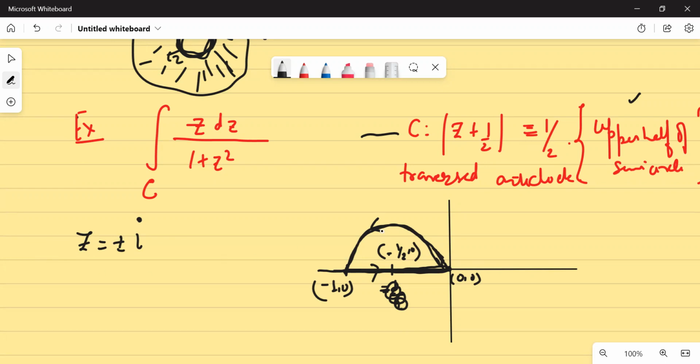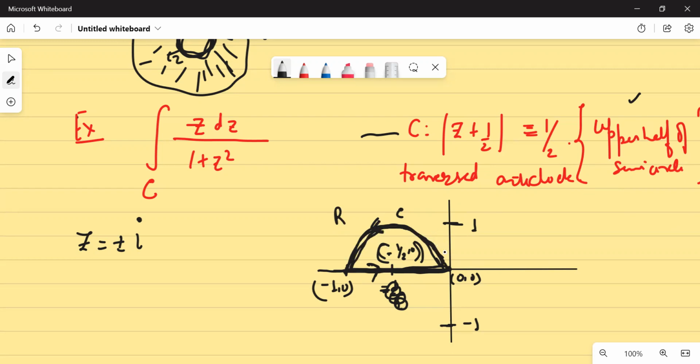So plus minus iota will lie somewhere here. Clearly, this particular closed curve C, which is given by mod of z plus half equal to 1 by 2 and happens to be the upper half of a semicircle, has no such singularity in this region. So the closed curve encloses no such singularity.